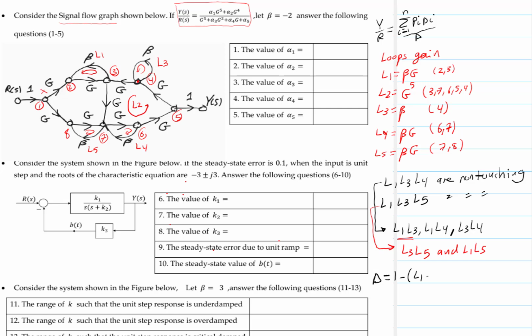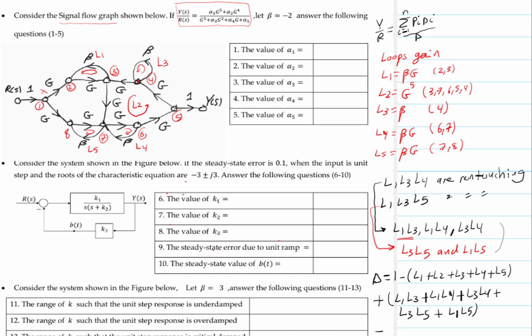So it will be L1 plus L2 plus L3 plus L4 plus L5, then plus the products of the combinations of 2 non-touching loops, which are L1 L3 plus L1 L4 plus L3 L4 plus L3 L5 plus L1 L5.